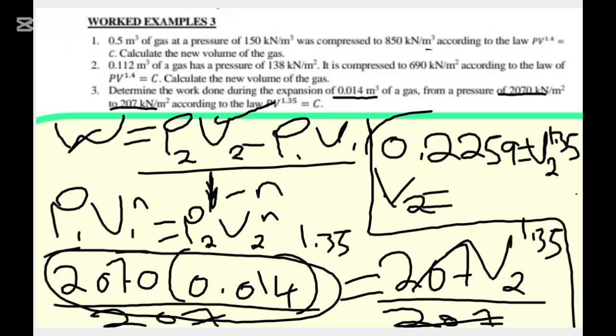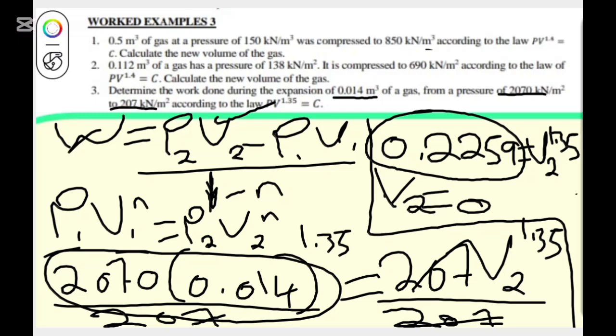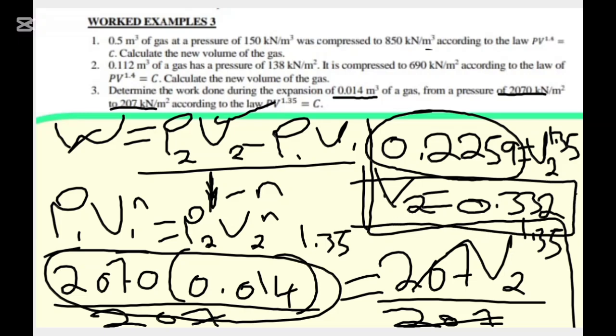You have to take note that I take 0.2259 to the power of 1 over 1.35, and therefore I get V2, which is 0.332 meter cube. Then I substitute into this formula to find the value of the work done.